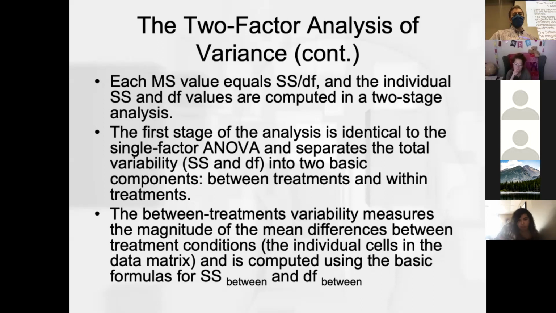Like we already showed, that first stage of the analysis is identical to that first single-factor ANOVA we did, and separates the total variability, sum of squares and degrees of freedom, into the two basic components: between treatments and within treatments.